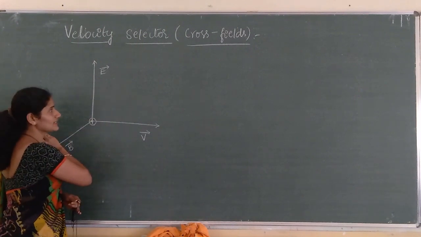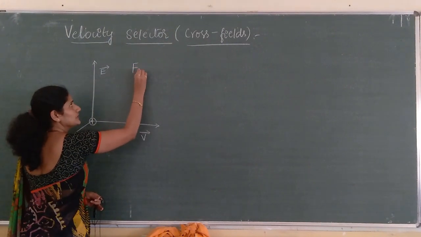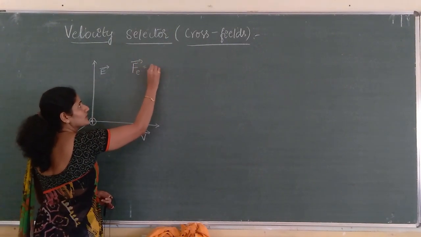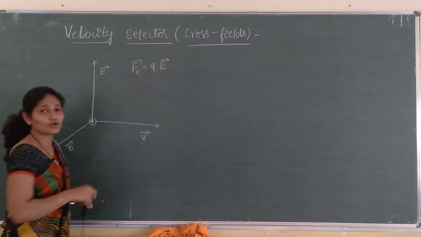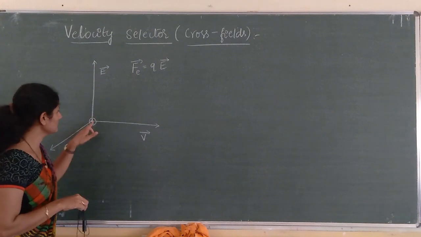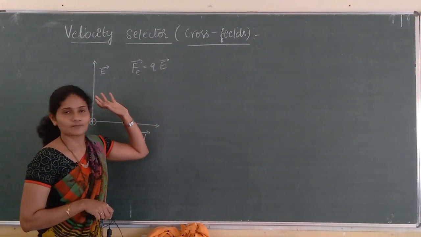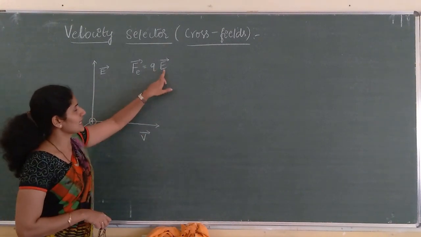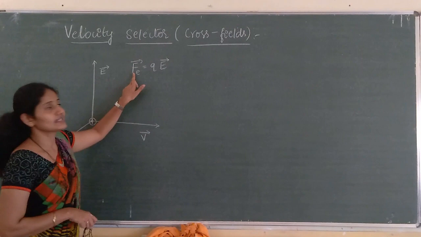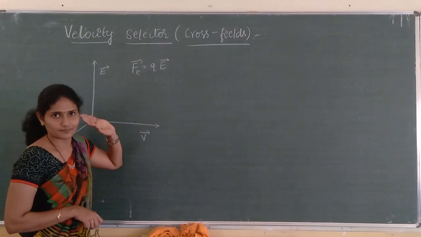The force due to the electric field, Fe, is equal to Q into E. This is the expression for force acting on the charged particle due to the electric field. If the charged particle is positive, then the direction of electric field and the direction of force are the same.